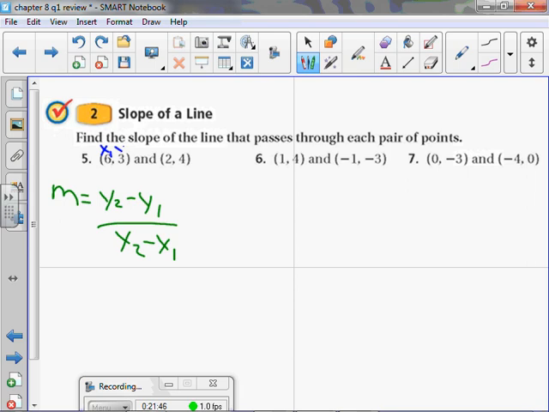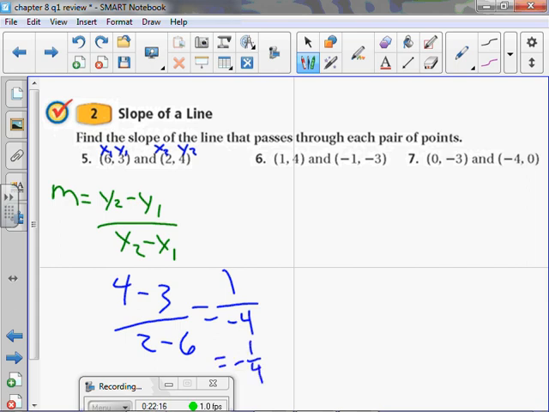So x1, y1, x2, y2, and then I'm just going to plug in my numbers. y2 is 4, minus y1 is 3, x2 is 2, x1 is 6, so 2 minus 6, and I just figure out what this is. 4 minus 3 is 1, 2 minus 6 is negative 4, and so my slope is negative 1/4. I leave it as a fraction because I cannot simplify that anymore. That was easy, right? Great.